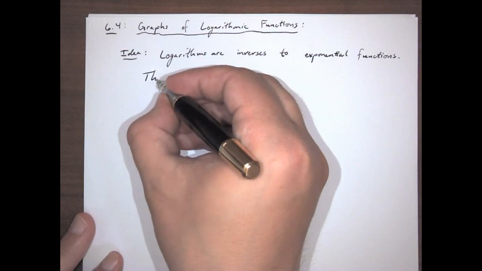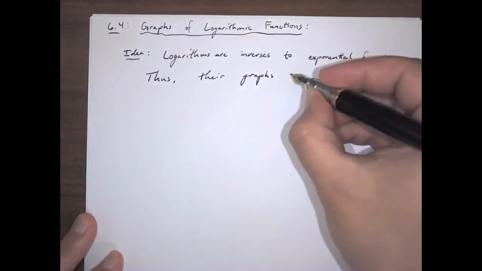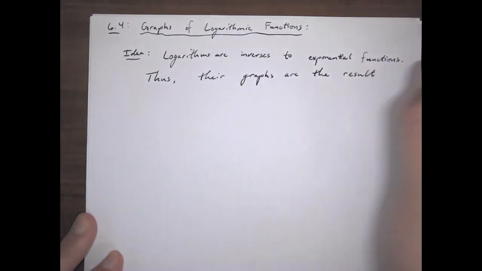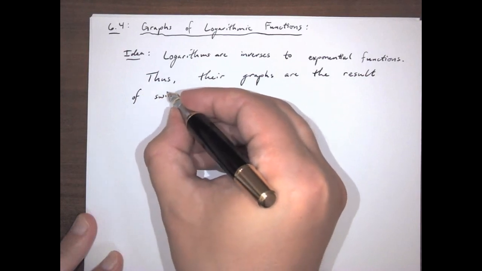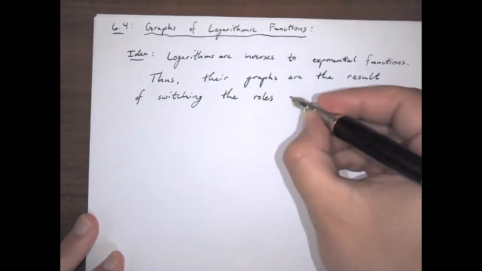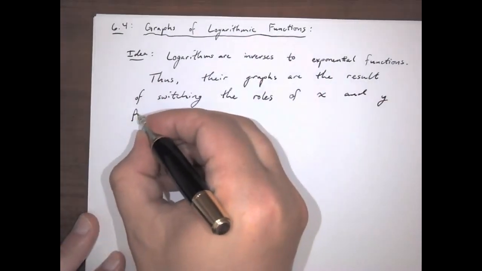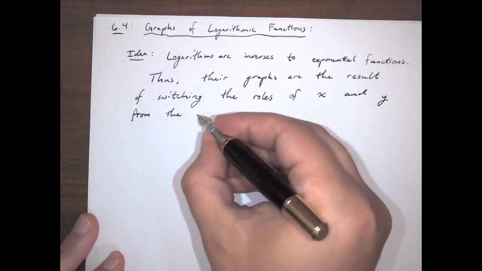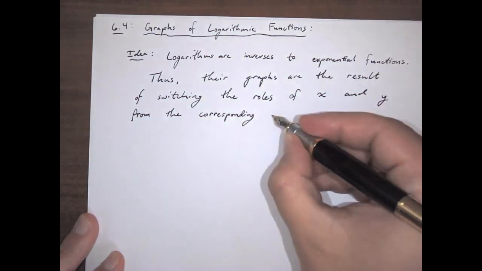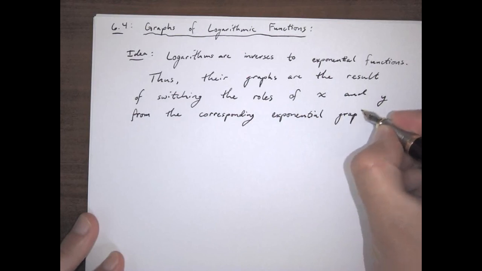So thus, their graphs are the result of switching the roles of x and y from the corresponding exponential graph.